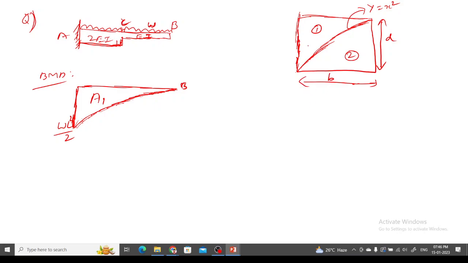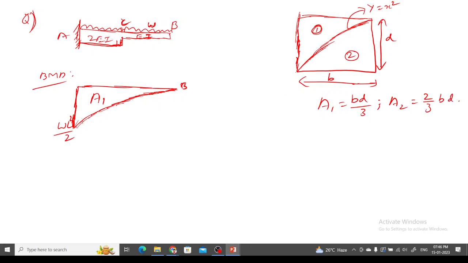If I want to find the area of 1, the formula is A1 equals bd by 3. And the area of 2, A2, is 2 by 3 bd.